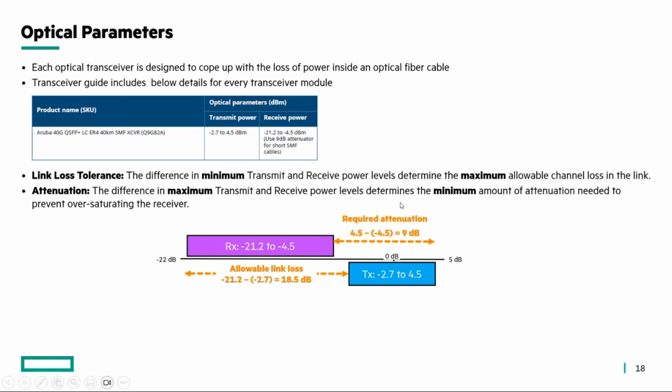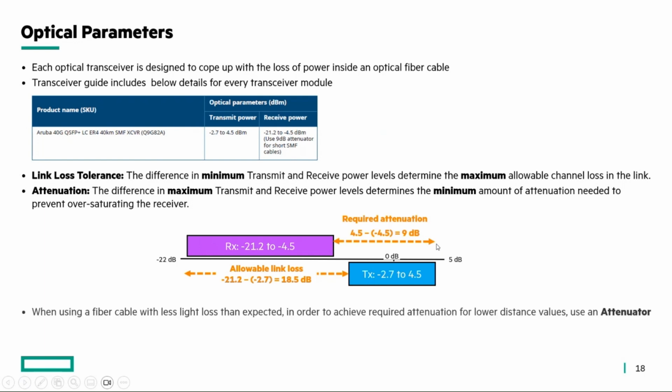So you need to calculate this attenuation as the difference between the maximum values of transmit and receive power levels. Here I have taken the example once again for ER4. You can see the maximum values of transmit and receive powers are -4.5 and 4.5. So the required attenuation for your link is around 9 decibels.